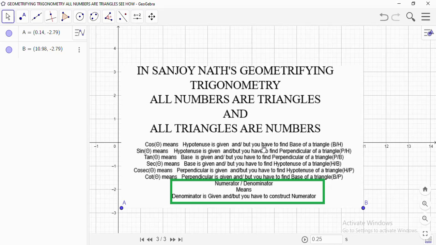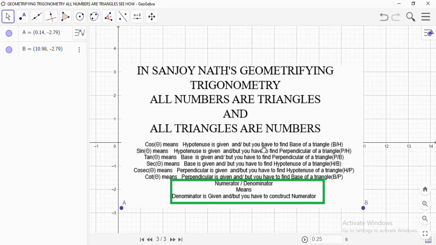Now the denominator is a given line, the numerator is a constructed line. Due to the group action of the number, when a ratio is charged on anything, we assume the denominator is the given line segment, and after charging the ratio, the numerator line segment is generated.